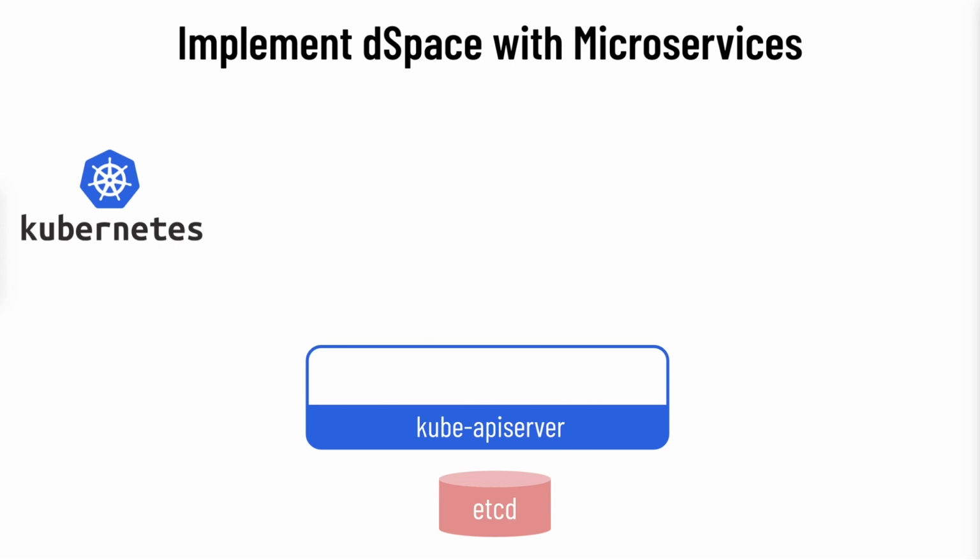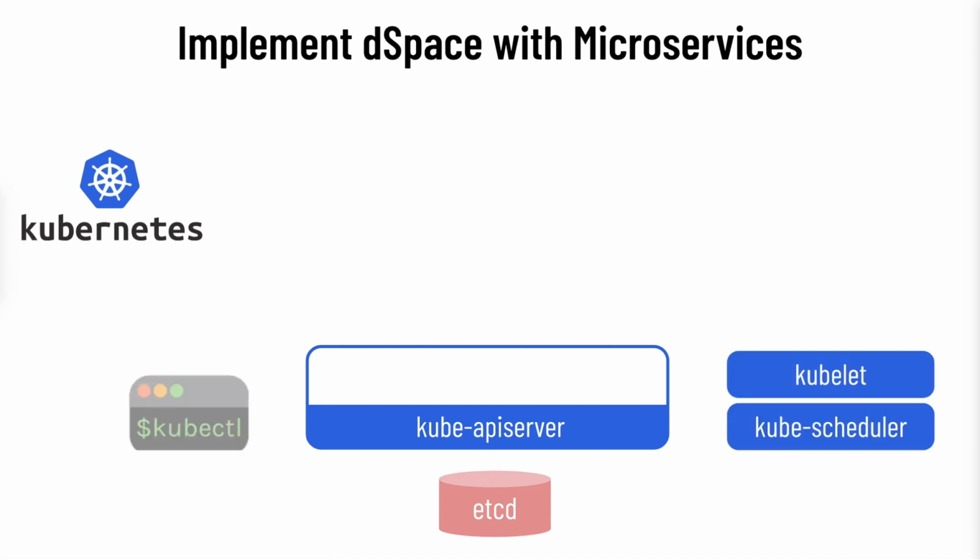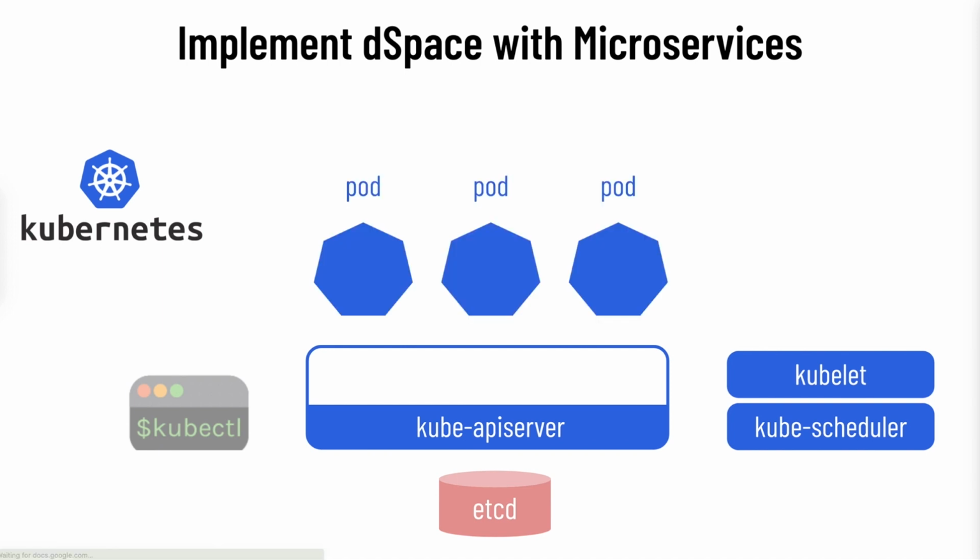Kubernetes is a widely used container orchestrator for data center automation. It has an API server that keeps cluster states as key value pairs, and a set of controllers and CLI that interact with the API server to manipulate the cluster states and to perform, say, scheduling. Applications in Kubernetes are run in units called pods, where each can be seen as a microservice.